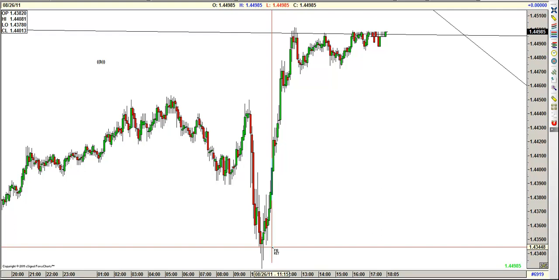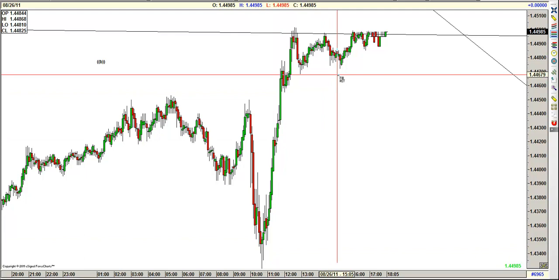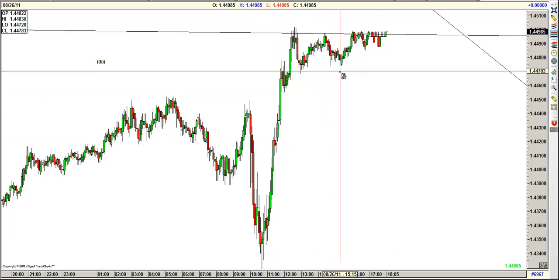The pound is already showing the complete 5, so very possible.